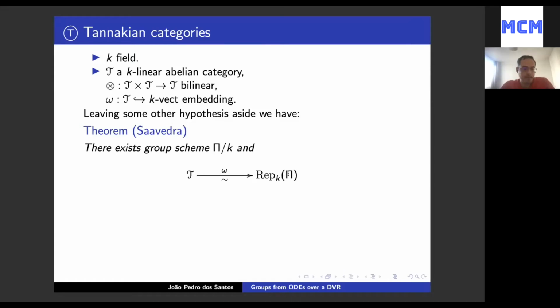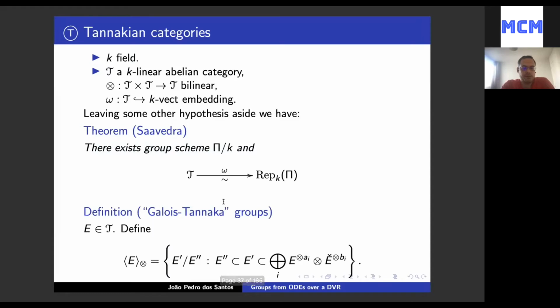With this machinery once installed in your minds, you can go on and start defining these Galois-Tannaka groups, or Galois groups, or monodromy groups. This thing has many names in the recent literature, and you define it as such.